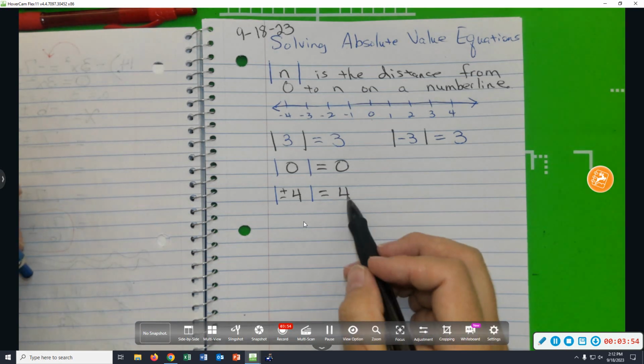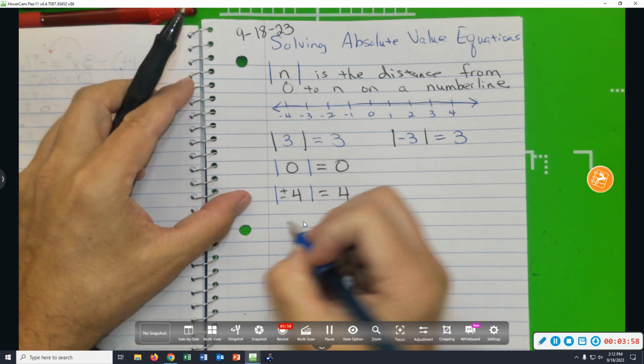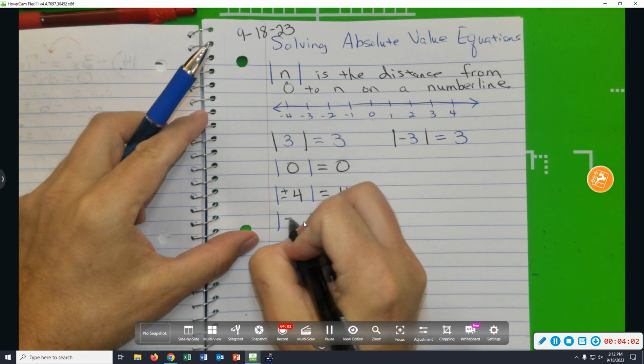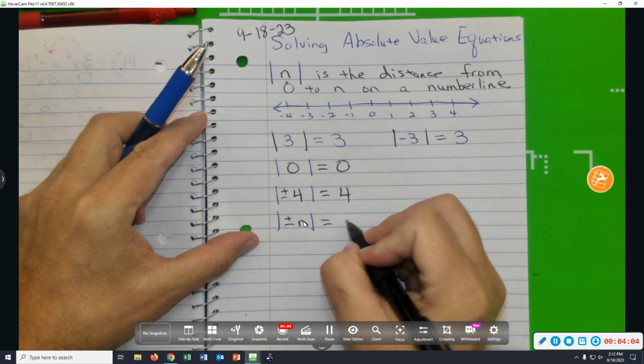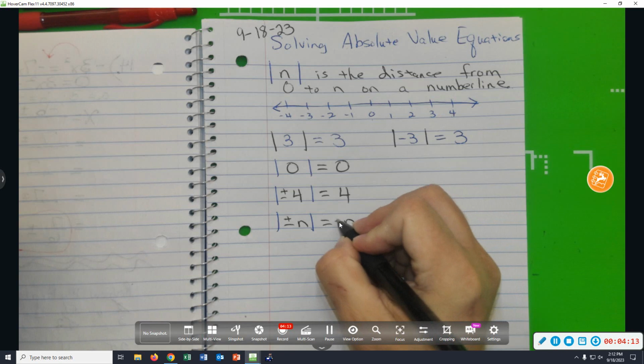A positive number. And so we could say, in general, the absolute value, whether it's positive or negative n, is just going to be that number n. In fact, why not stick a plus in front of it, to say positive.